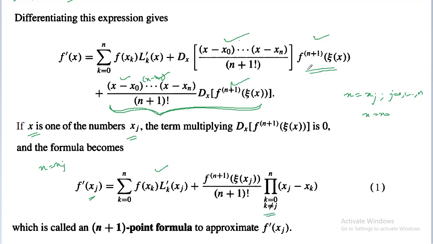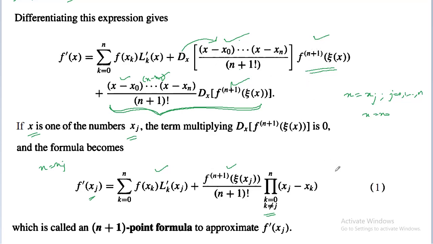It is because f^(n+1) of zeta of x divided by (n plus 1) factorial is a constant here, and we have to differentiate the product (x minus x naught) into (x minus x1) into etc. (x minus xn).